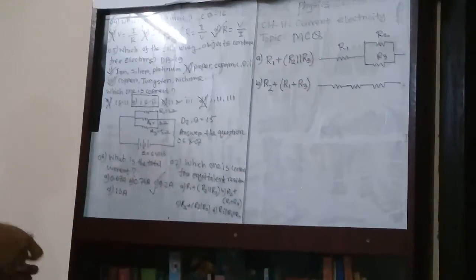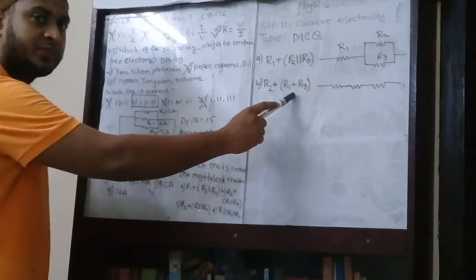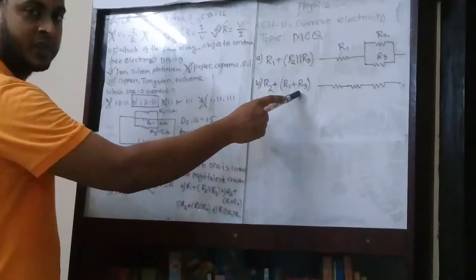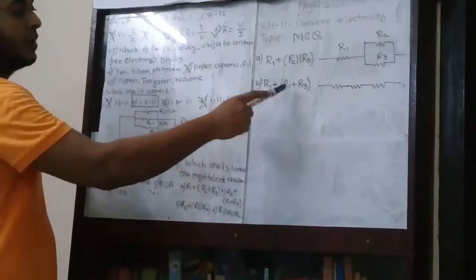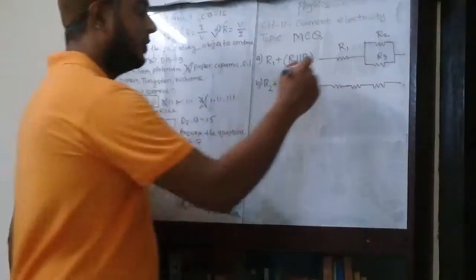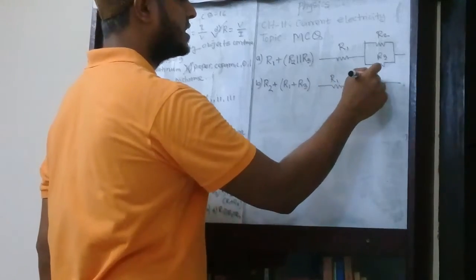When you see all of the resistors connected with just addition, or just plus, say R2 plus R1 plus R3, I repeat, boys and girls, R2 plus R1 plus R3, this indicates that all of the resistors are connected in series. So this is R1, this is R2, and this is R3.